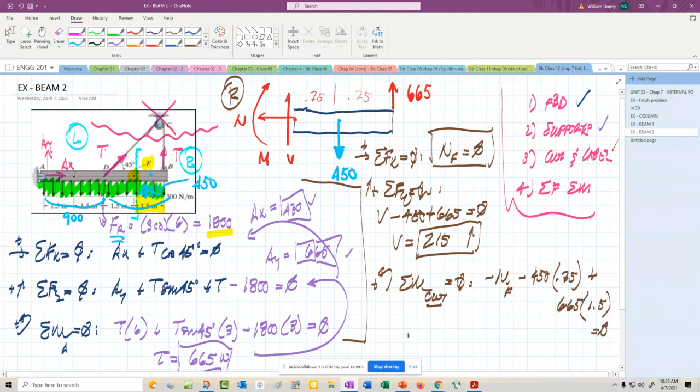That should all equal 0. And if I go through that, MF is 660 newton meters at the cut.